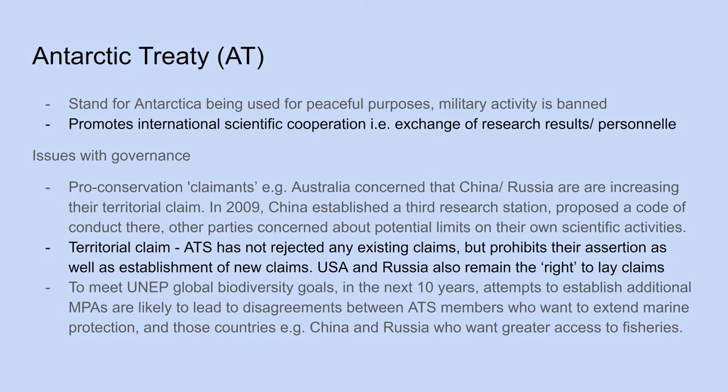Some issues with the governance are that pro-conservation claimants, for example, Australia, are concerned that countries like China and Russia are increasing their territorial claim. In 2009, China established a third research station, proposed a code of conduct there. Other parties were concerned about potential limits on their own scientific activities.